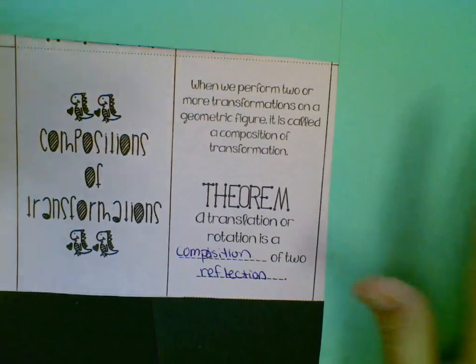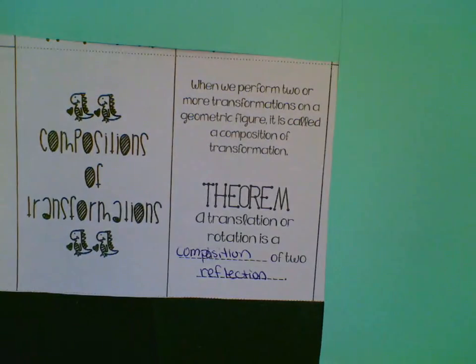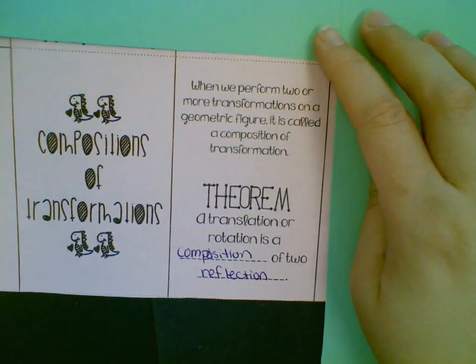So the first thing we're going to talk about is that if we have a translation or a rotation, that can be broken up into two reflections. So any translation or rotation that we have, we can get the same image if we did two reflections. Okay, so we're going to talk about these individually.